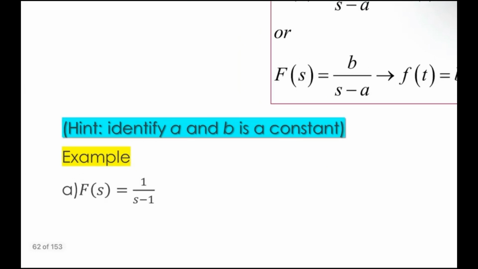So you get b e^(at). For example A, F(s) equal to 1 over s minus 1. So this one is inverse Laplace of 1 over s minus 1. So this one is e^t. So referring to the Laplace table, this is e^(at), where a is 1.